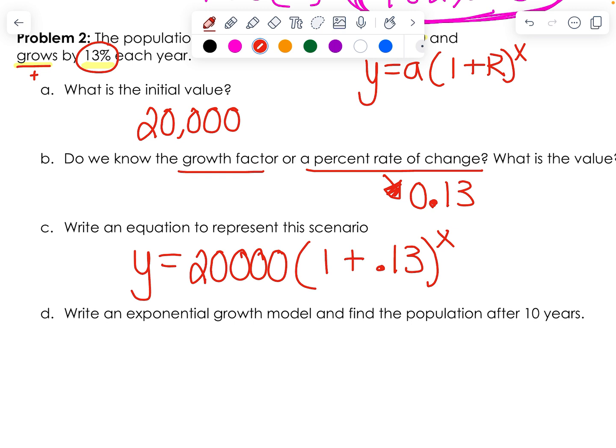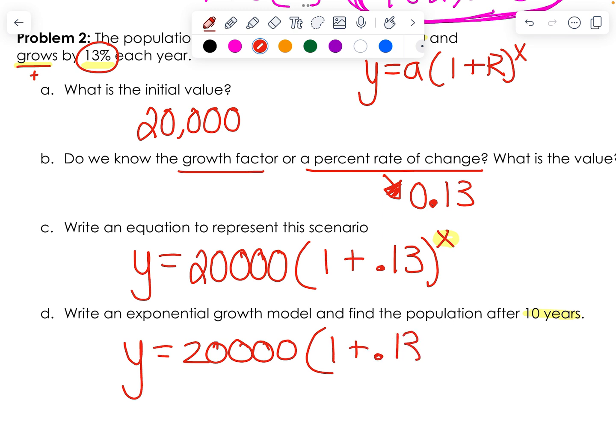You don't have to. But once you have the equation, you can use it to solve for the 10 years by plugging 10 in for x. So 20,000 times 1 plus 0.13 to the 10th.